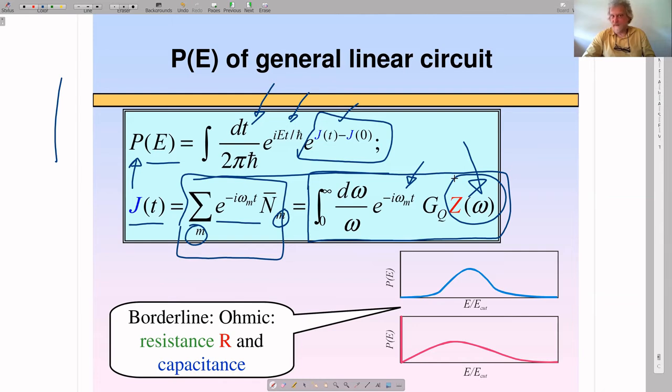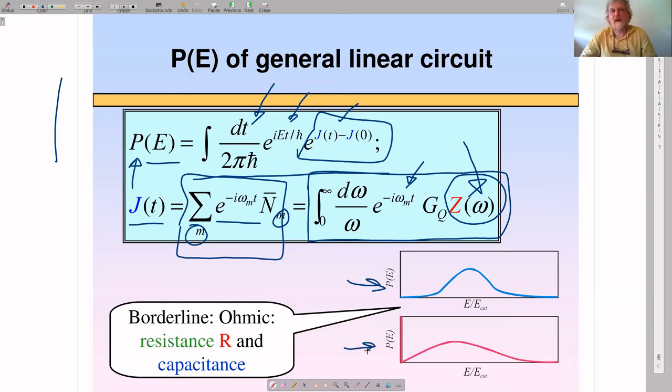And there are two types of answers. For the first type of answer, there is no opportunity to tunnel without energy loss. No elastic tunneling whatsoever.